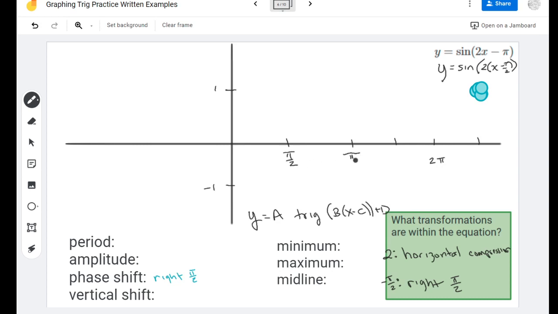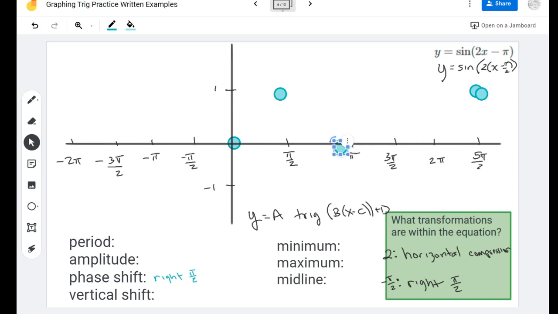I don't think I actually end up using it because of the compression, but it's better safe than sorry. I would rather have more tick marks than necessary than fewer. Alrighty, so there is our graph. So let's start with the parent sine function. Remember, it's that nice S shape.